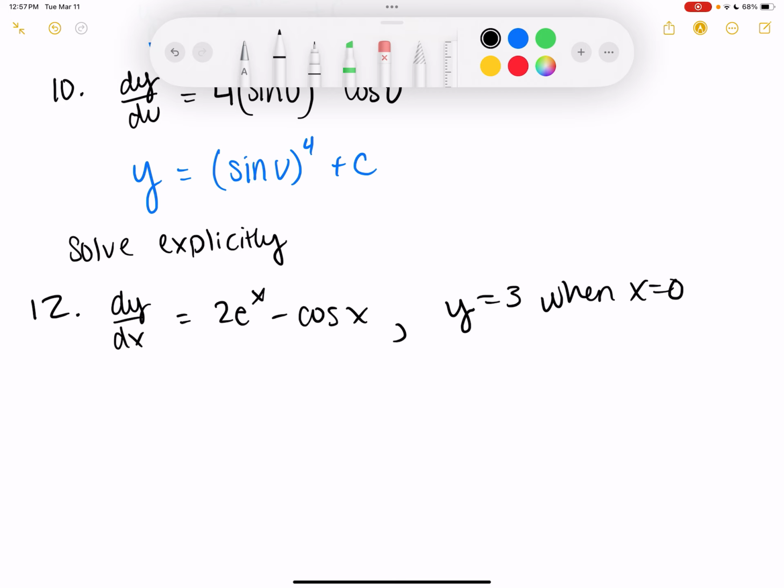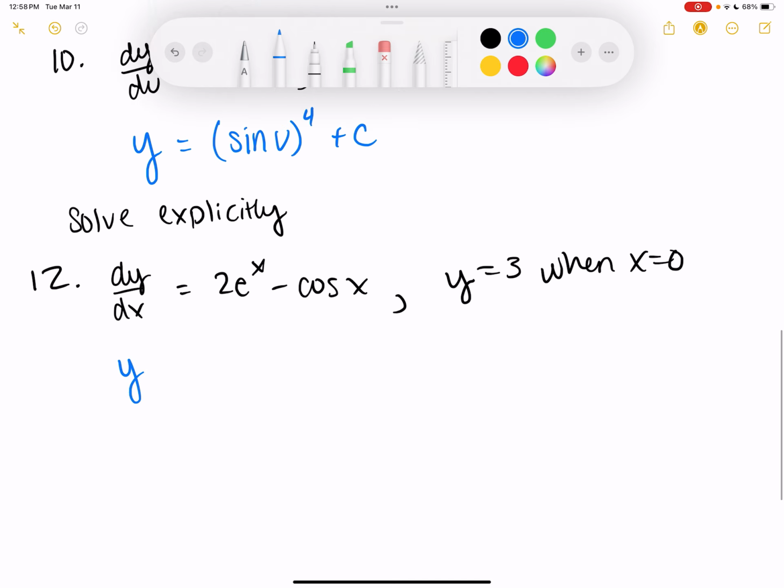So what would the antiderivative of this be? I feel like it shouldn't be 2e to the x. I also feel like it should be... and then that's minus sine of x plus c.